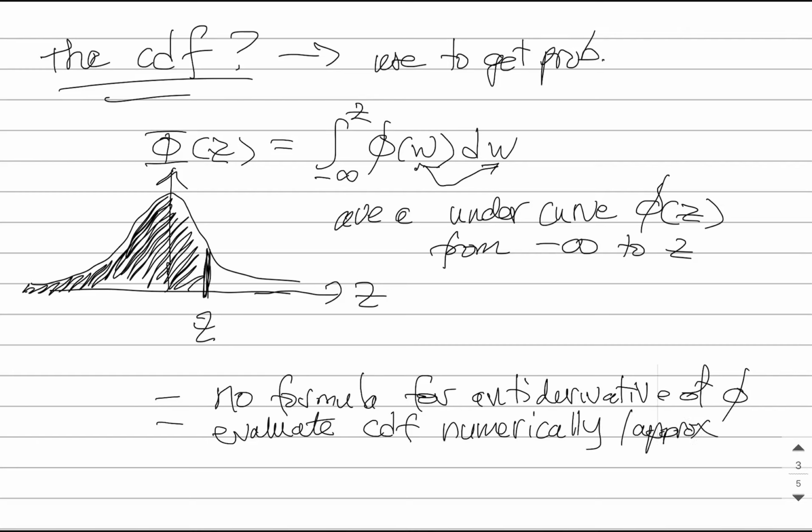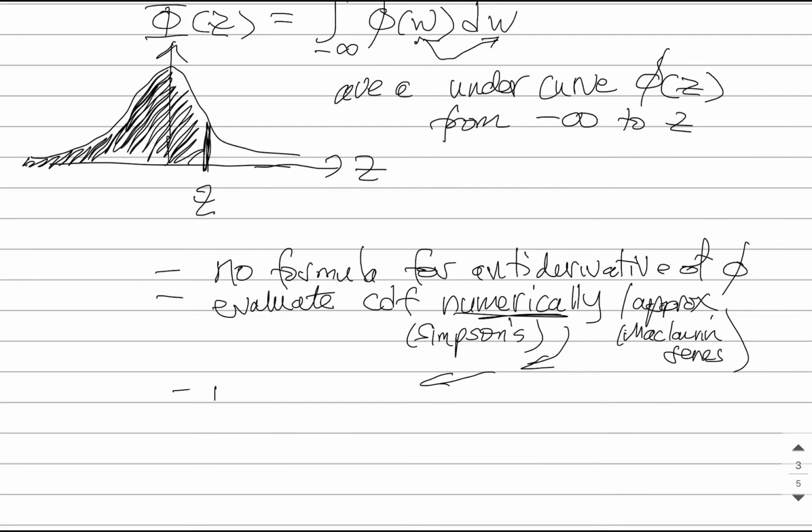And when I say numerically, you could use things like Simpson's rule, like you learn about in calculus, or approximately you could use a Maclaurin series. So as always, we are going to resort to our friend R. We are going to use the software R.